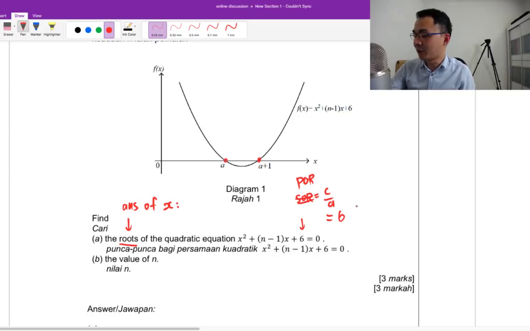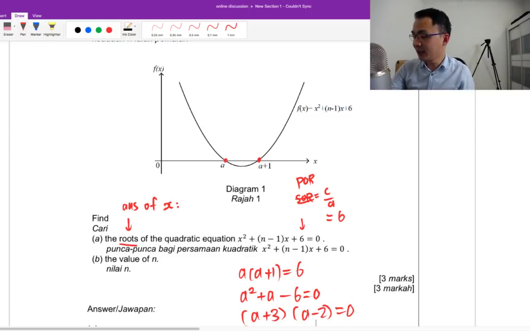That means I multiply both roots together: a times a plus 1 equals 6. So a square plus a, I move the 6 around, minus 6 equals 0. Then I factorize this. I can easily get a: 3 positive and minus 2. So my a can be either 2 or negative 3.